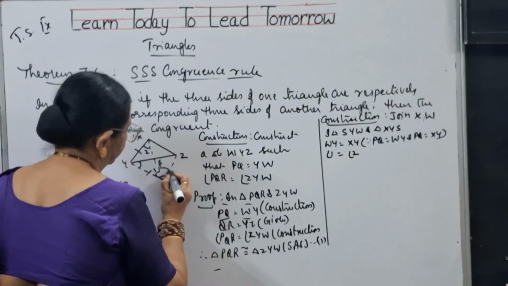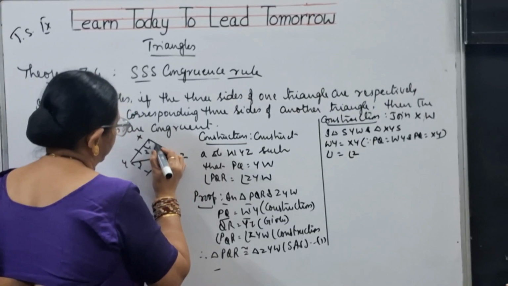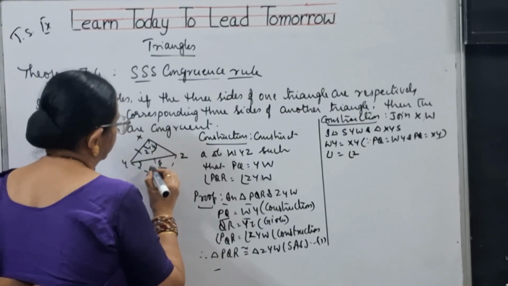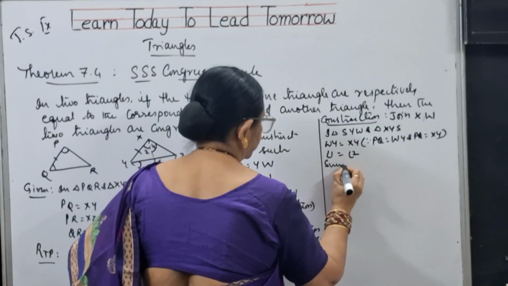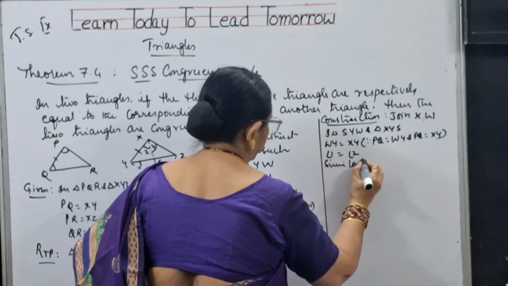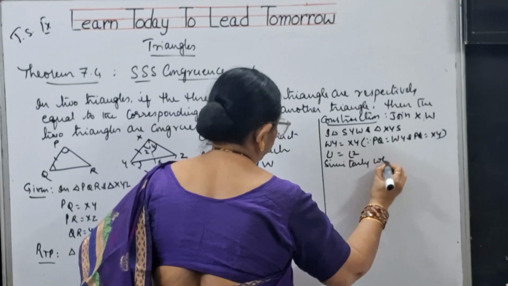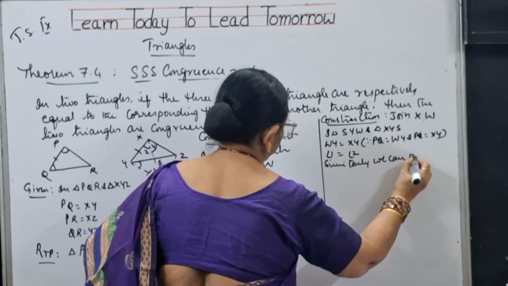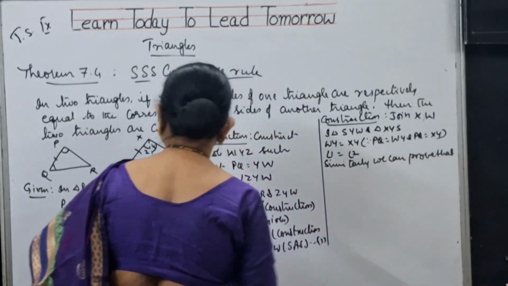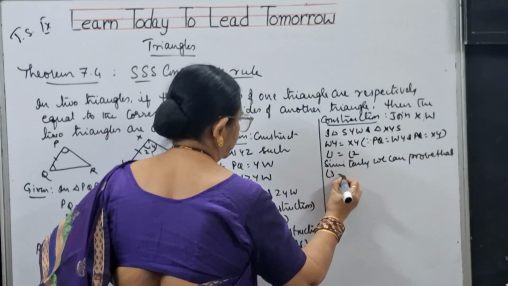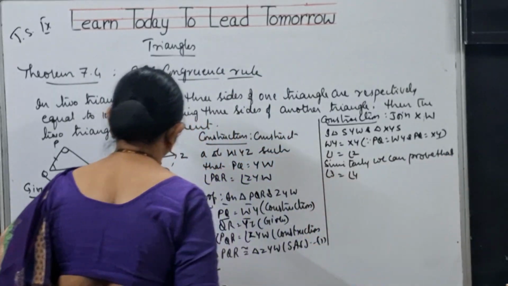If I consider this as angle 3 and this as angle 4, in the same way we can prove similarly that angle 3 is equal to angle 4.